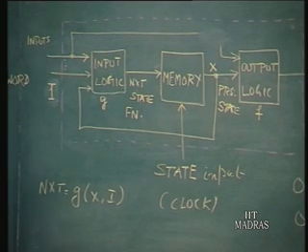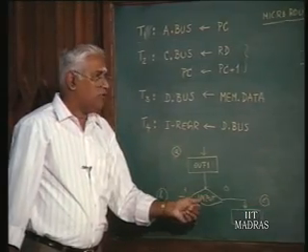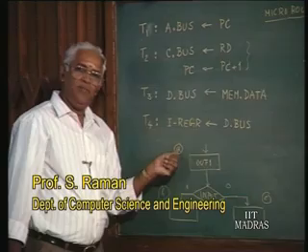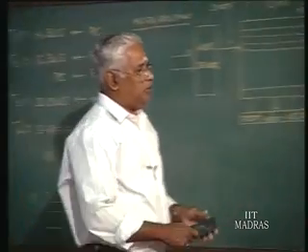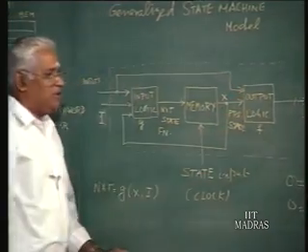So it's the same thing as saying the next state is a function of I as well as the present state. Okay. Good. So in some we may have this link, in some we may not have.